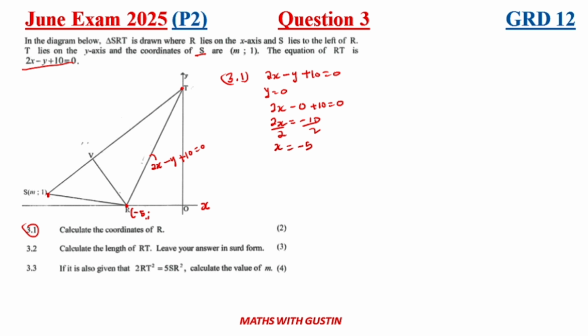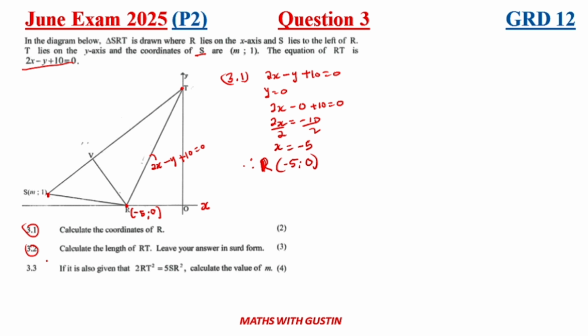We already know that y is equal to 0 here. So R will be minus 5, 0, because it's an x-intercept. Great stuff, that's how you would deal with question 3.1.